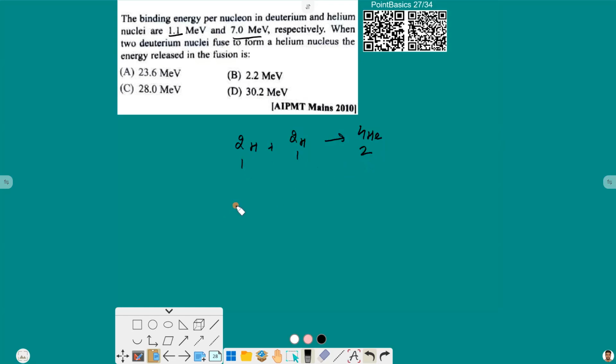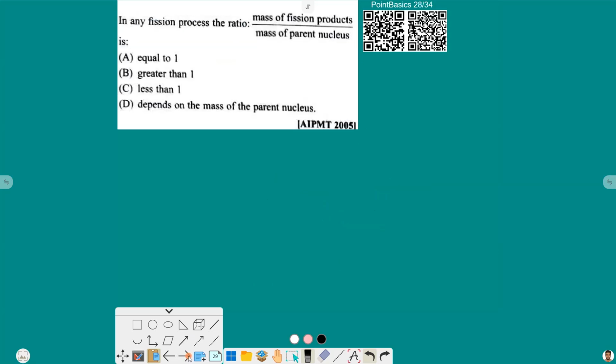So the energy released will be equal to delta E, that will be the total energy of the daughter nucleus, 4 times 7, minus the total energy of the parent nuclei, that will be 2 into 1.1 multiplied by 2, because we have two similar parent nuclei. And this will give us 23.6 MeV. This is the total energy released, coming from the binding energy. If we want binding energy per nucleon, we can divide it by 4. Now coming to the next one.